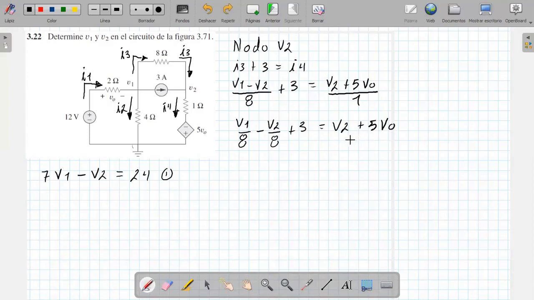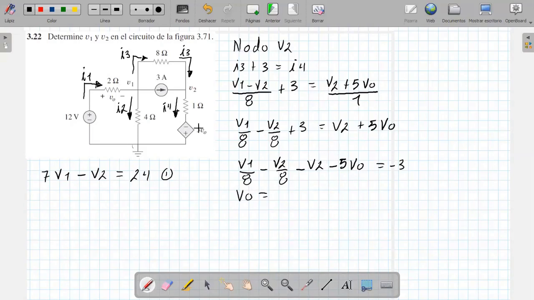Well, first let's pass all the variables to the other appropriate side. Here I have P1 over 8 minus B2 over 8 minus B2 minus 5B sub 0 equals negative 3. Now, who is B sub 0?